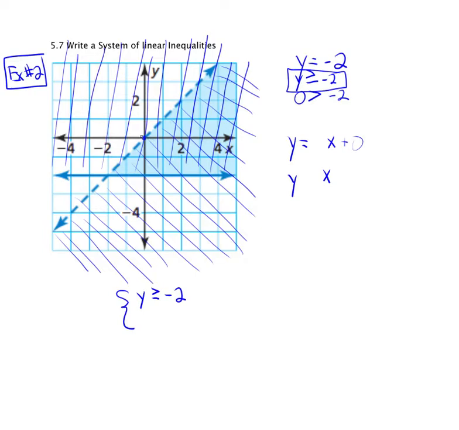So now 0, 0 doesn't work right now because it's on that borderline, and I don't want to use that one to get my inequality. So I'm going to pick a different point, and it just has to be on this side, this bottom side.